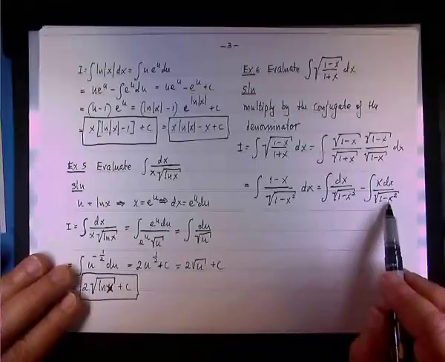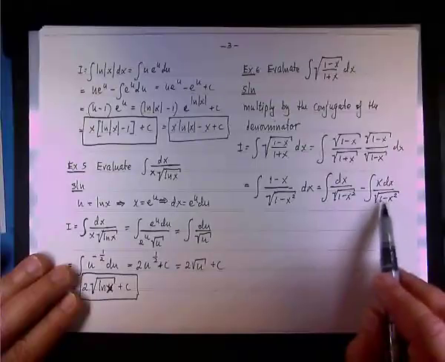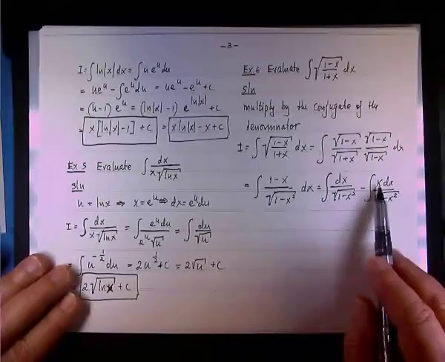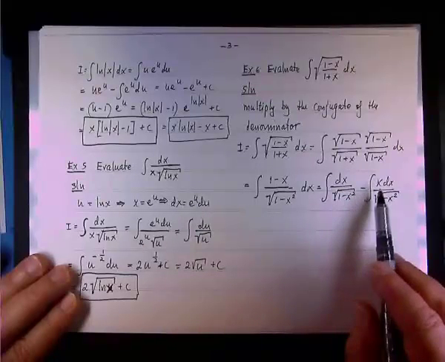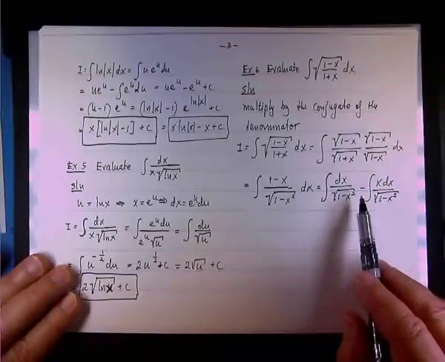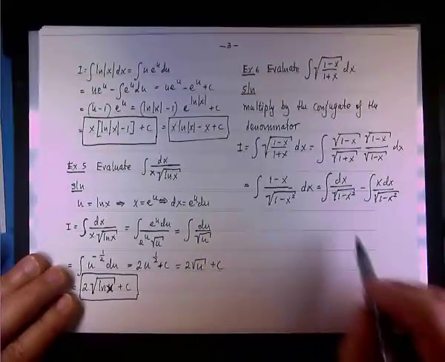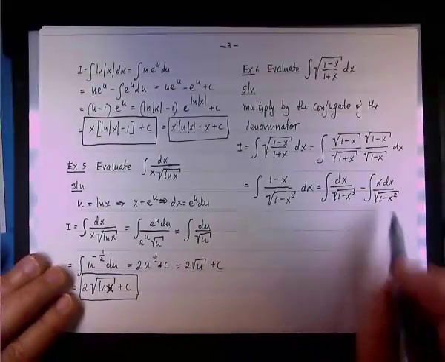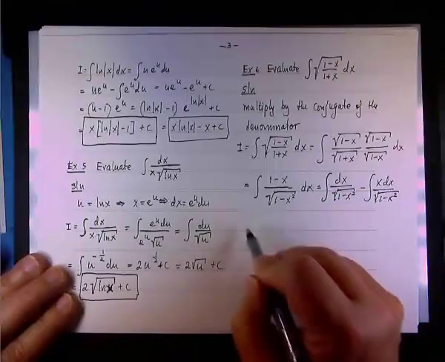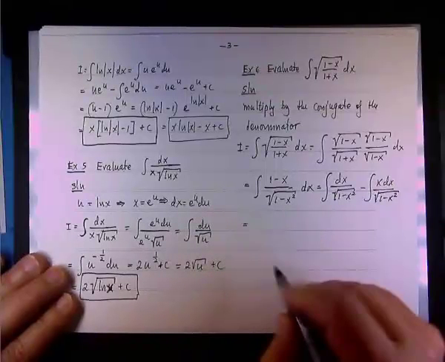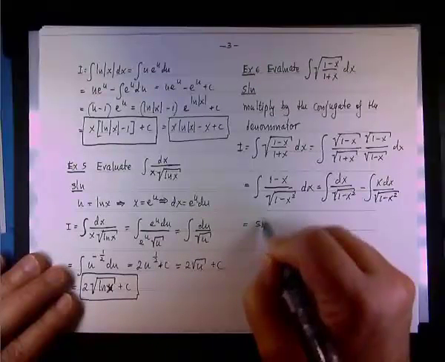What about this one? This one we can probably do a u substitution. If you let u equals 1 minus x squared, then x dx will be negative du.